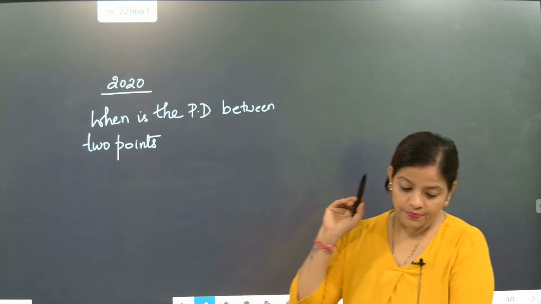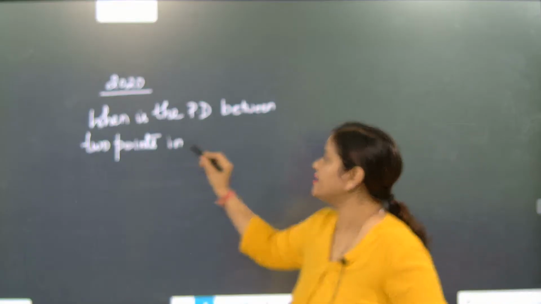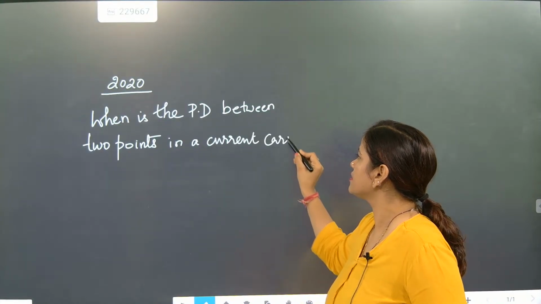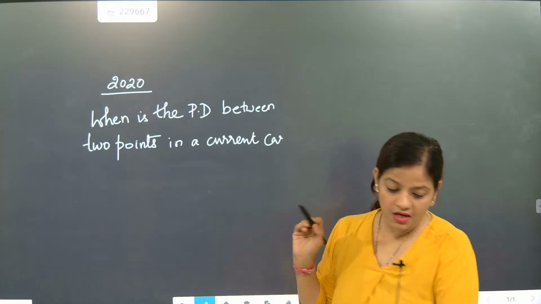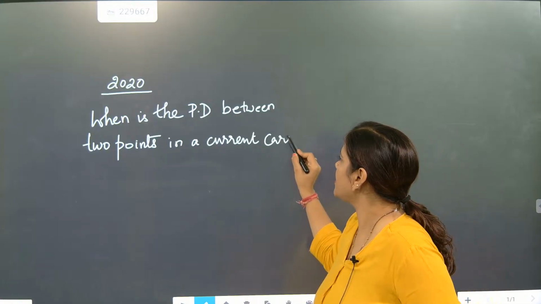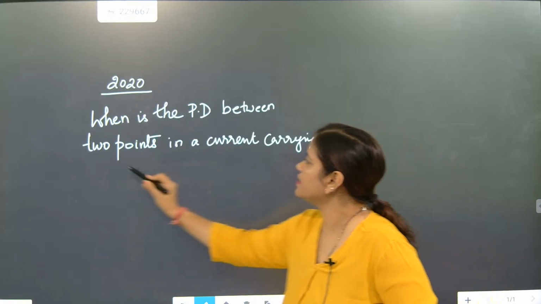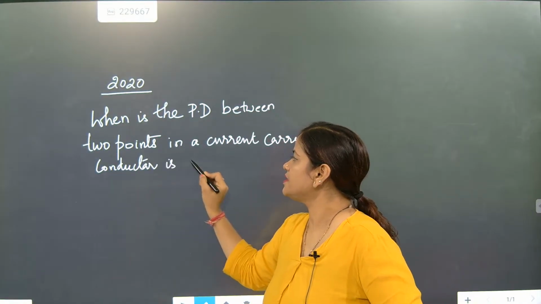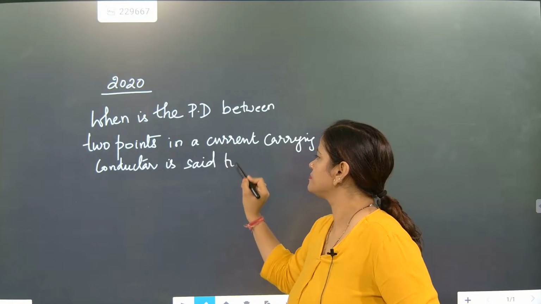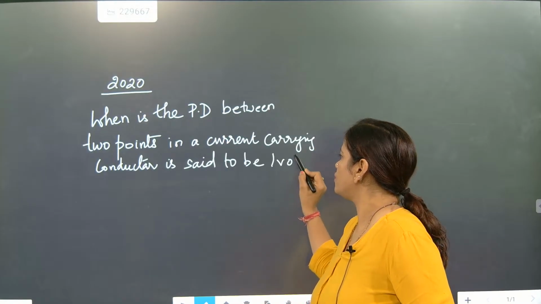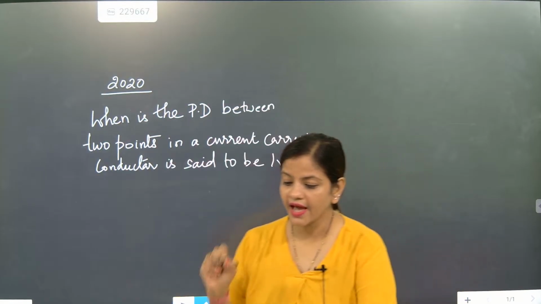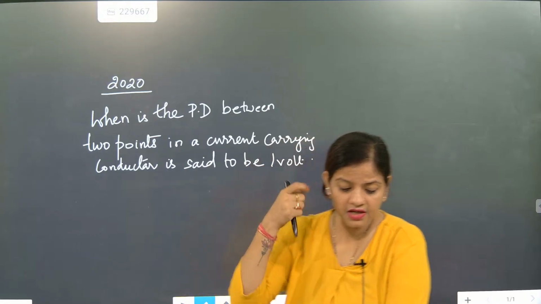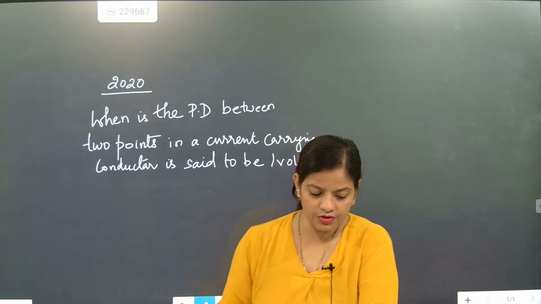In a current carrying conductor is said to be 1 volt.